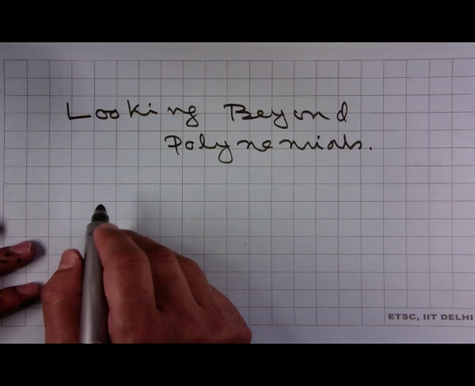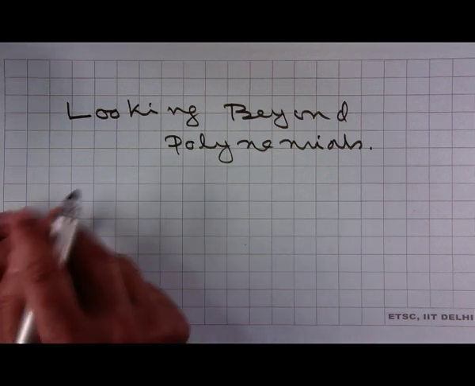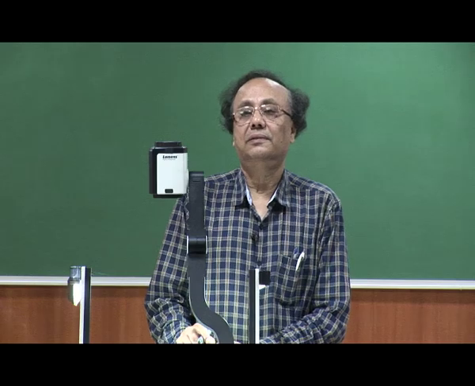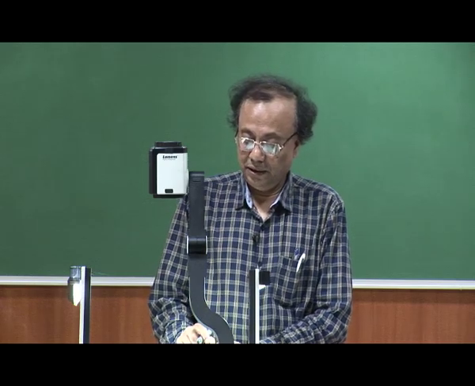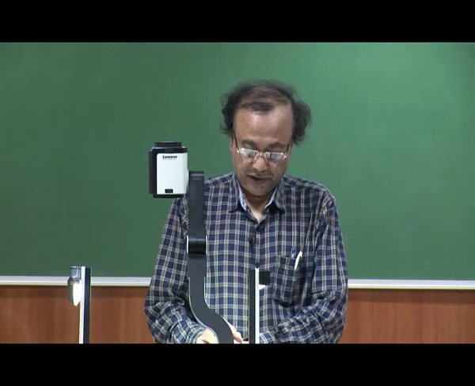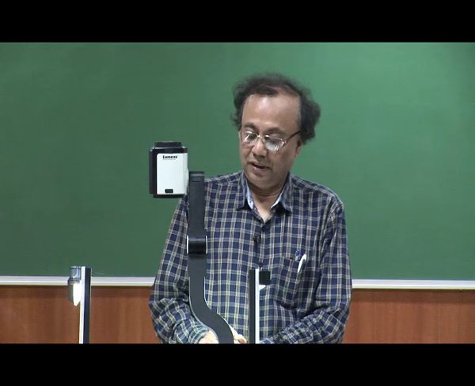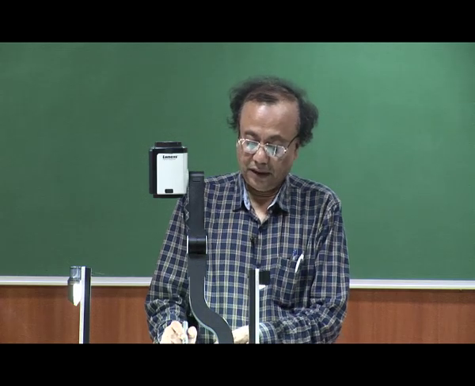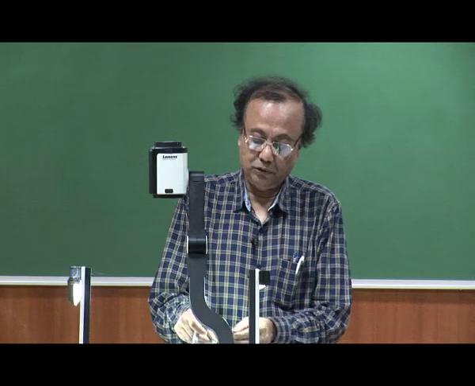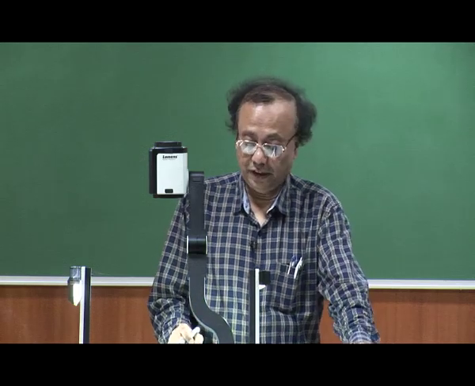If I ask you, what are the other functions that you can remember very easily, which is differentiable smoothly for different values of x? The first one that comes to my mind is the trigonometric functions.